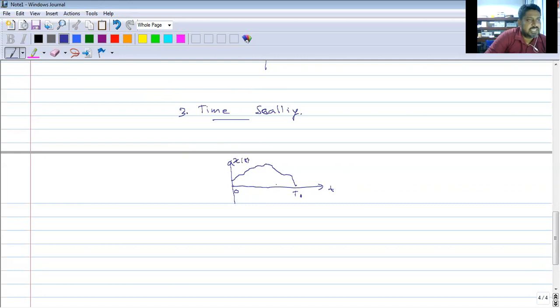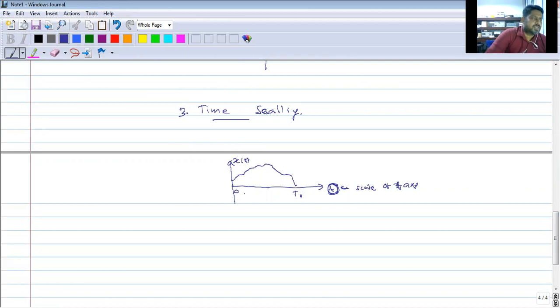Time scaling means we are scaling this t-axis. We are going to change the scale of this t-axis, the time axis. That is the scaling of the signal, scaling of the time.